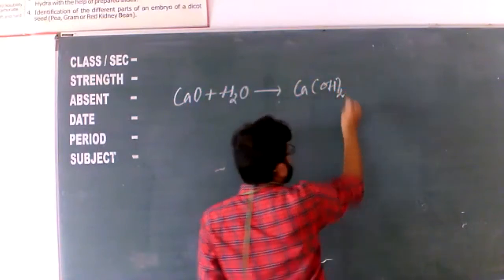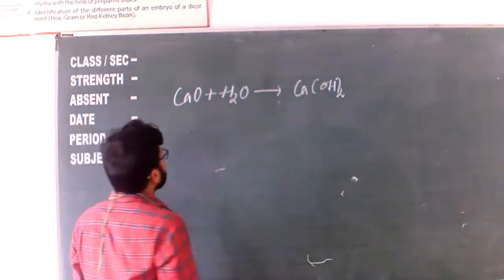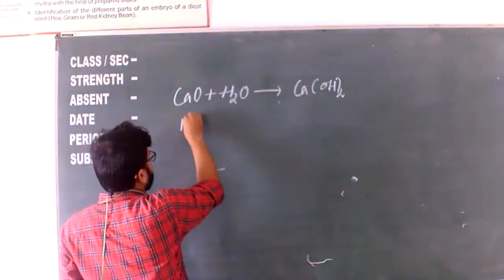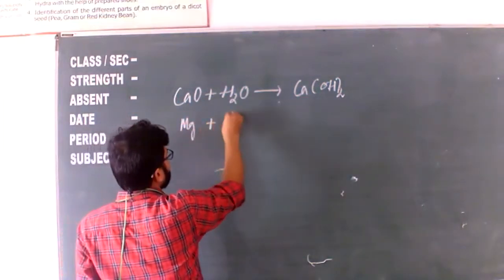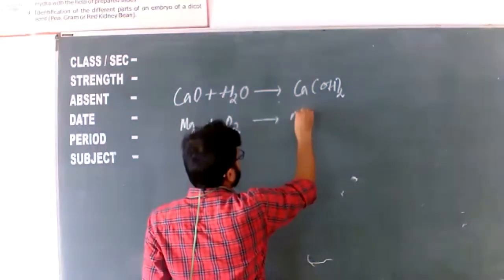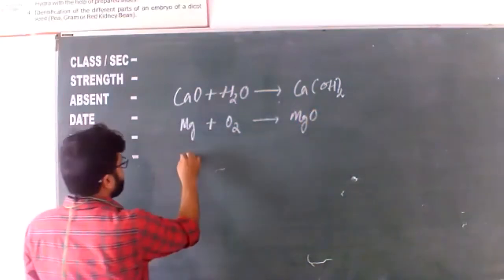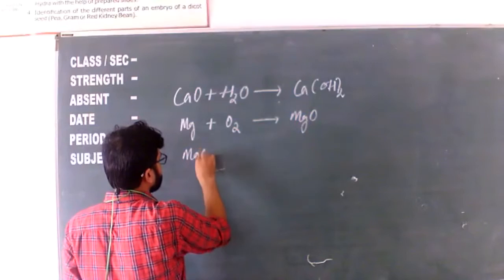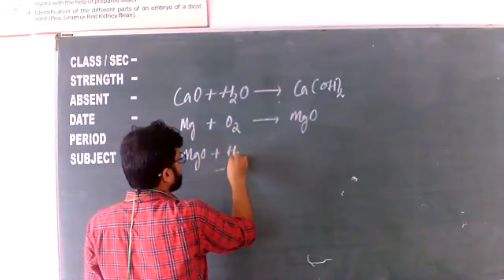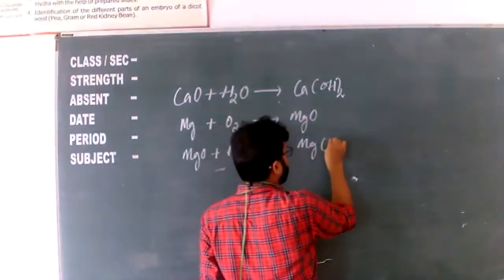What type of reaction is it? Combination reaction. The second experiment that we observed: magnesium with oxygen gives us magnesium oxide. And when you dissolve magnesium oxide in water, that gives us magnesium hydroxide.